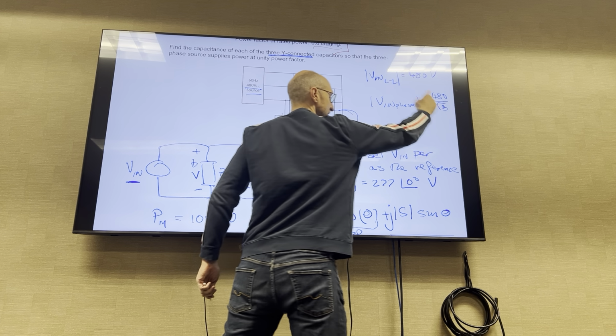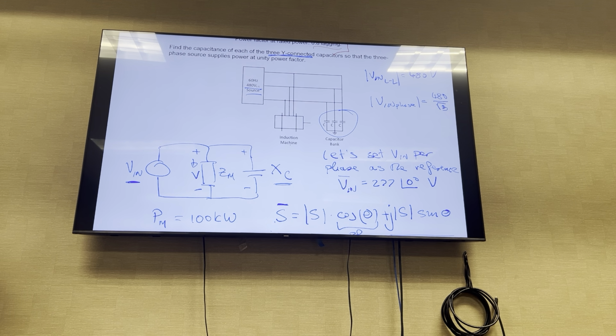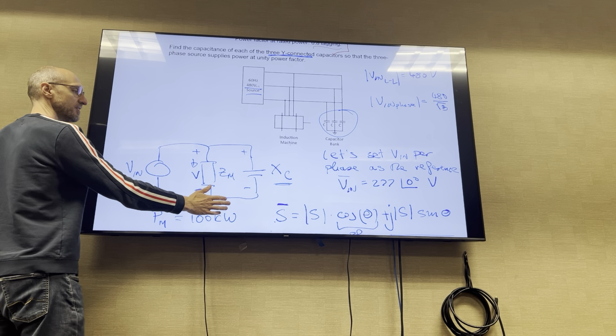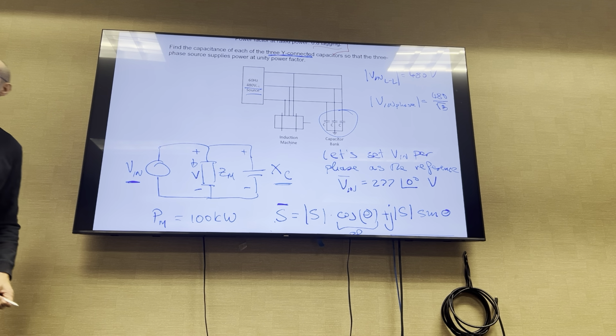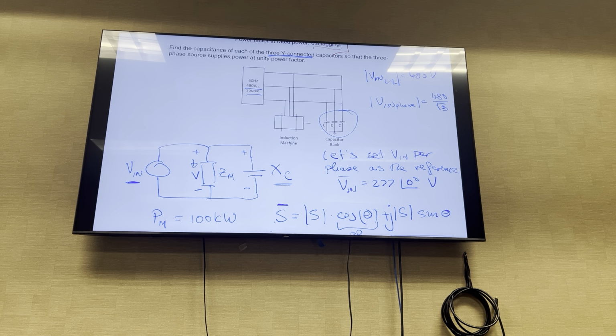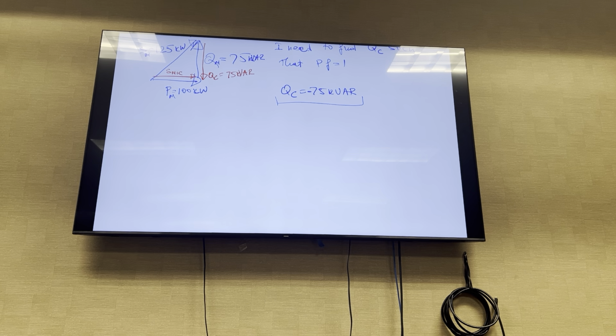277 is 480 over square root of 3. And so now I know this voltage from this simple equivalent circuit. I can see that that's actually the voltage over XC as well. And from there I can find the value of XC. Going back here, this is QC.